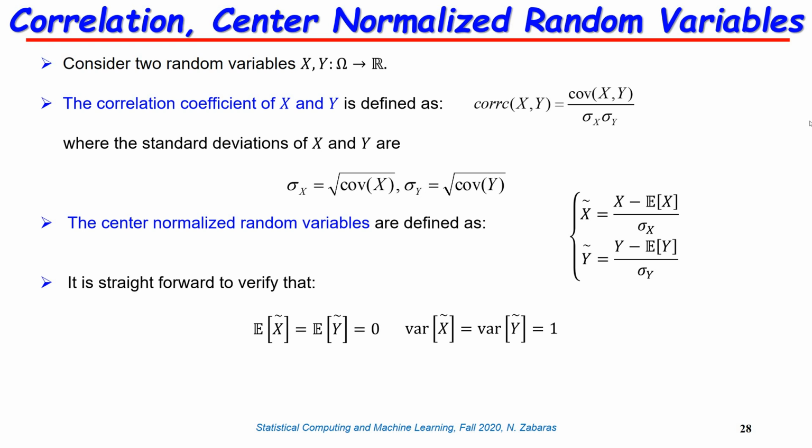Now, this normalization doesn't say anything yet about the covariance or the correlation coefficient. Think of this as each random variable being normalized on its own separately. So we normalize x on its own and we normalize y on its own.